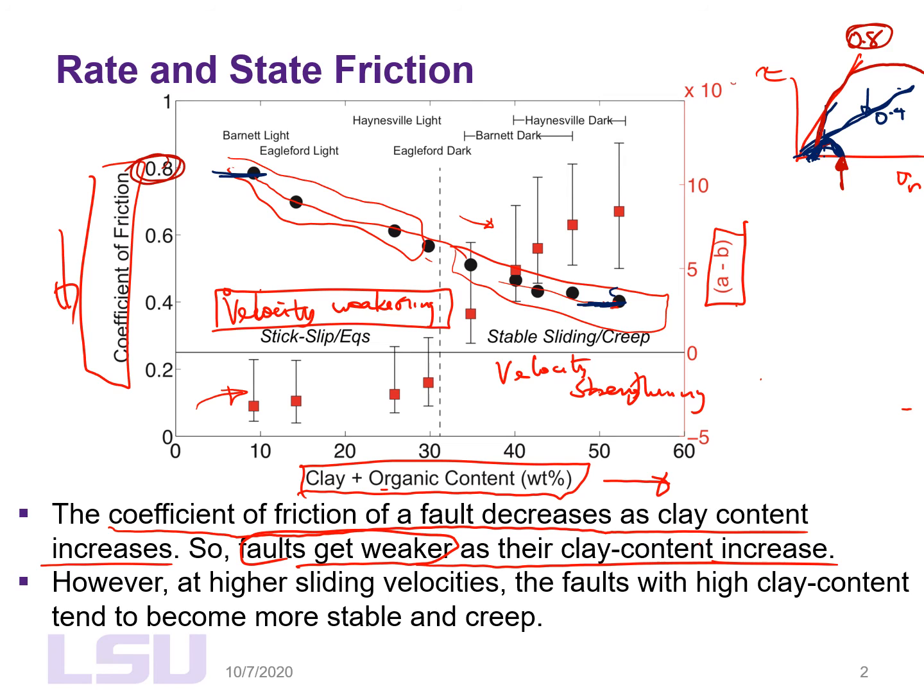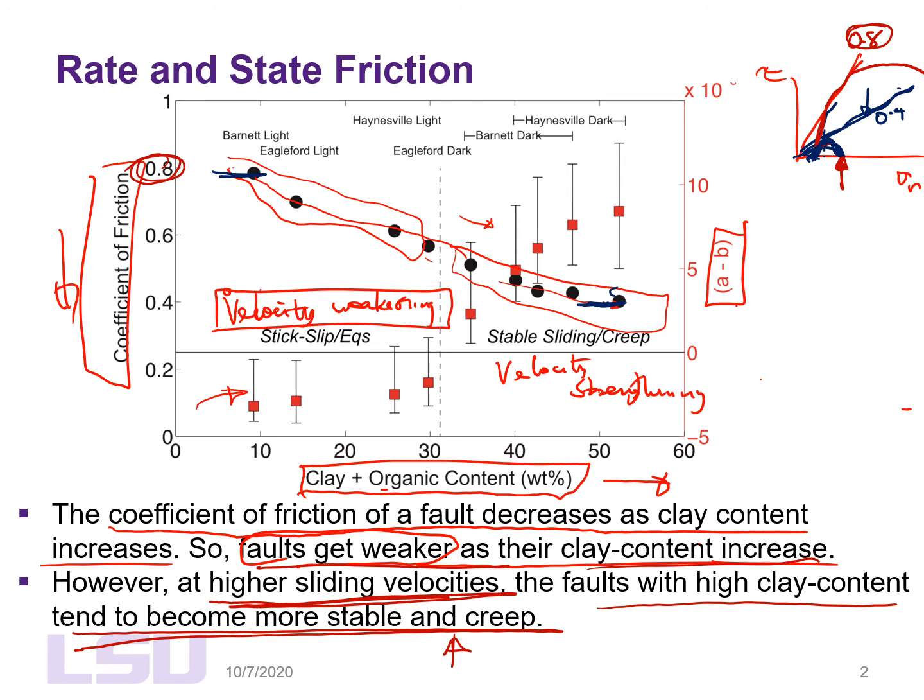So faults get weaker as their clay content increases because the coefficient of friction gets smaller as the clay content increases. At higher sliding velocities, faults with high clay content tend to become more stable and creep.